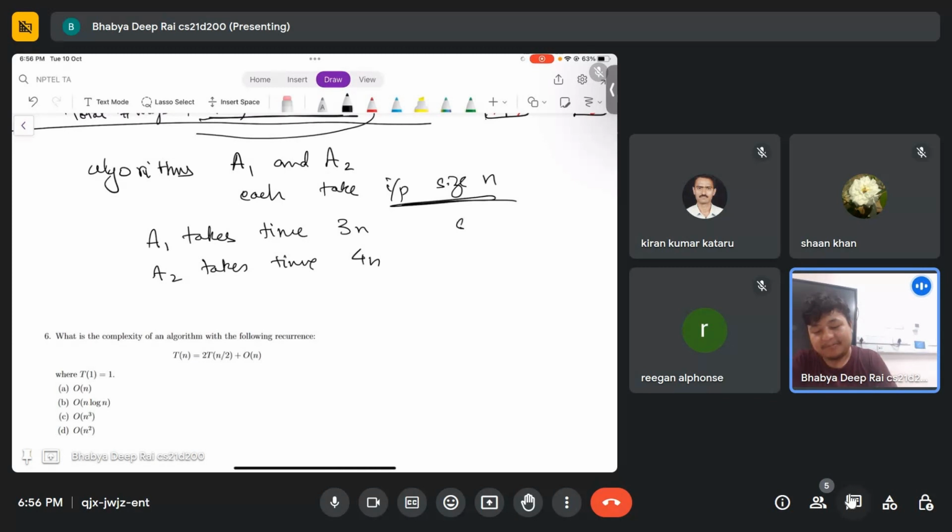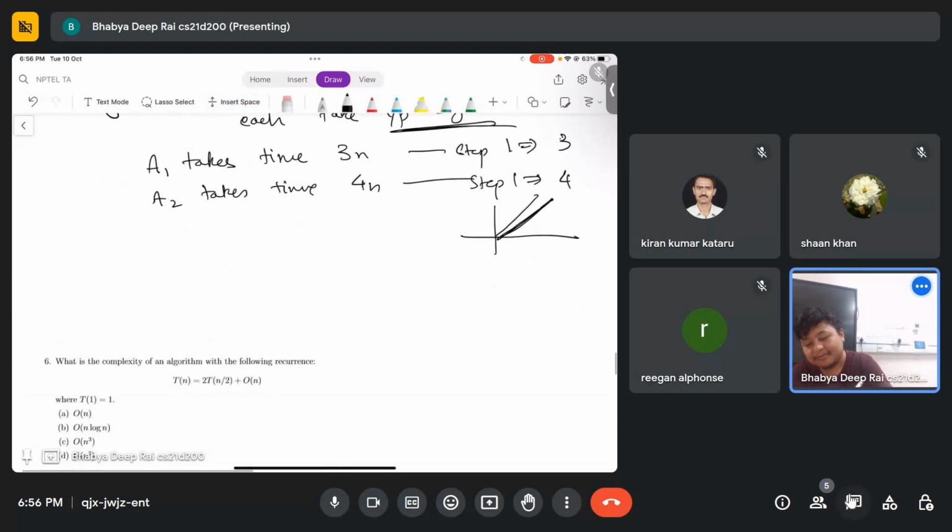So at step 1 it takes 3, and this algorithm takes 4. Not much difference. If you see the graph also, they do not have much of a difference. It almost goes parallel together. So the growth is the same.